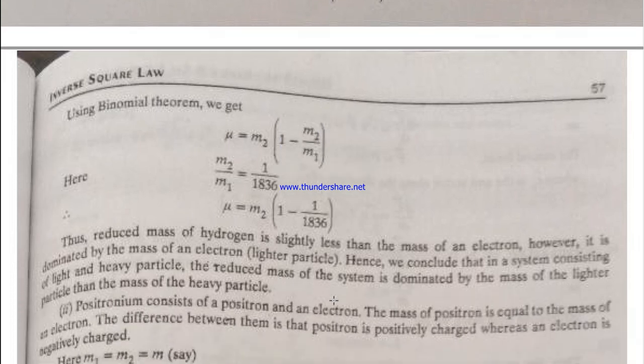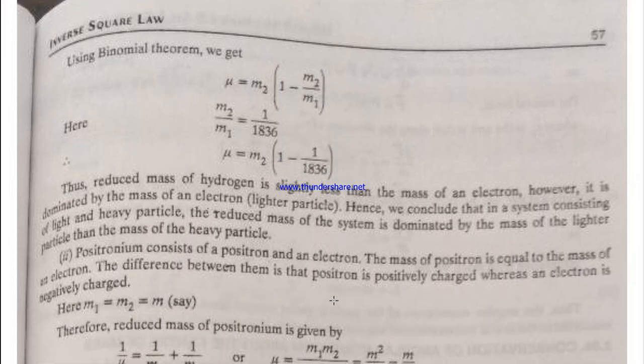If we apply this to the hydrogen atom, with mass m2 being the lighter particle, the electron, and the proton being the heavier particle, the ratio is 1 by 1836. Substituting this, we will find that mu is very close to the mass of the electron.